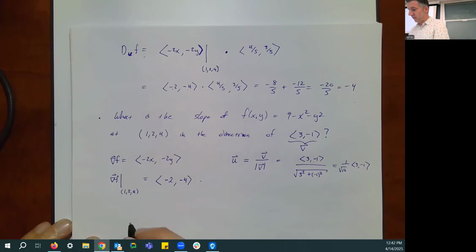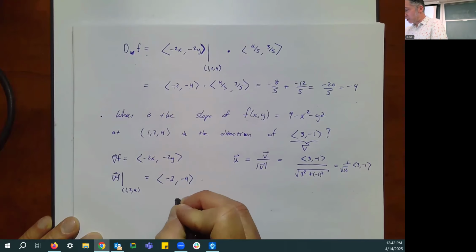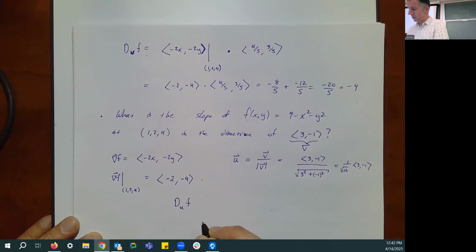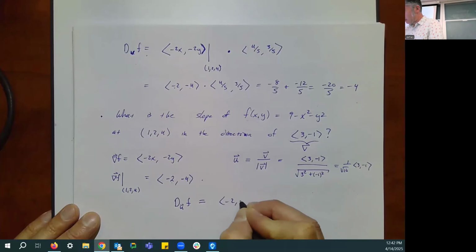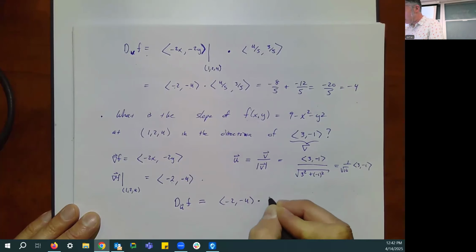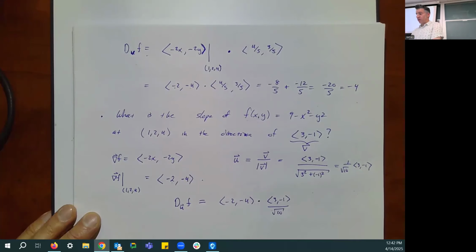So then, to find our directional derivative, our D_u of f, it's going to be equal to this dot that. So -2 comma -4 dotted with 3 comma -1 divided by root 10. So do the dot product first.